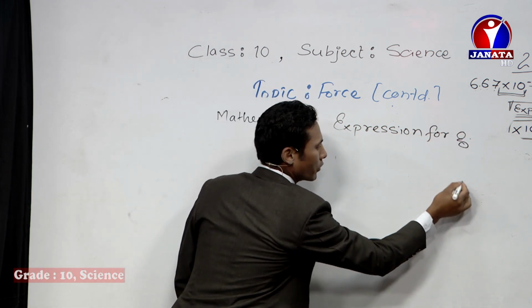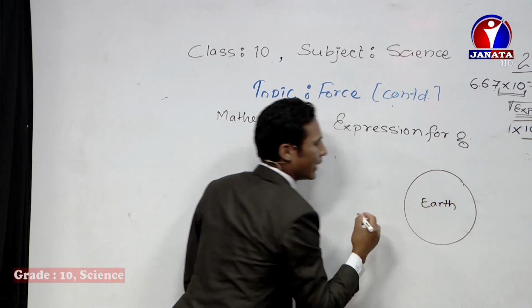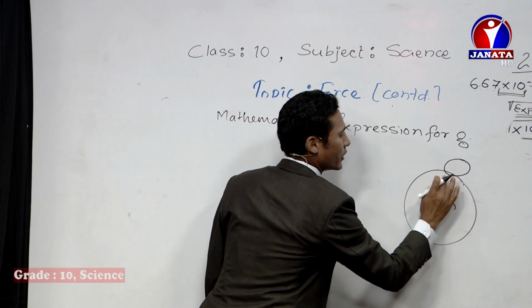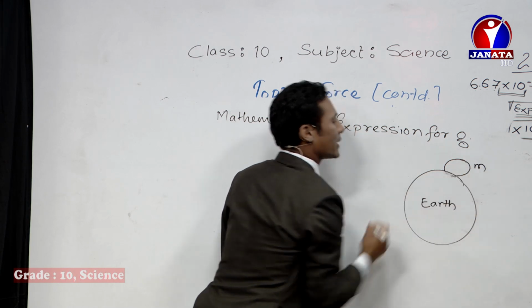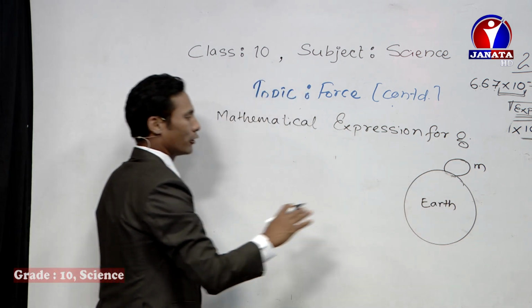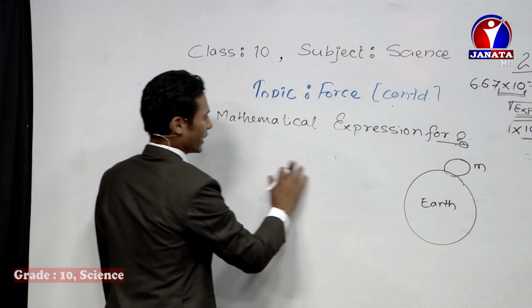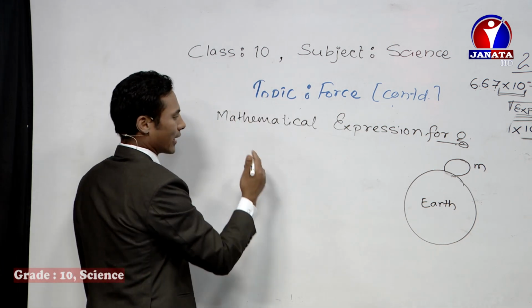So this one is the Earth, and this is the small object, let's say of mass small m. We are going to calculate the acceleration due to gravity, this g.